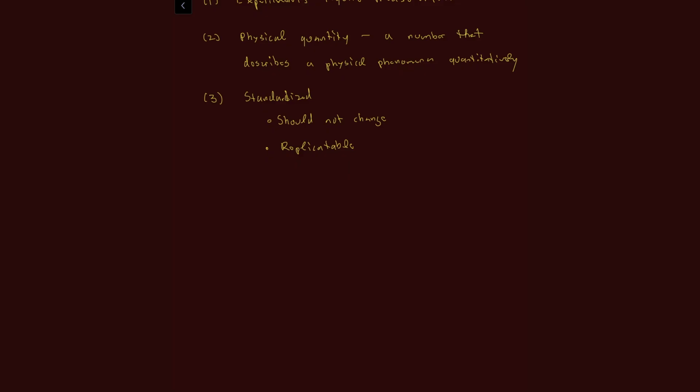That way, we don't have to convert between our own mathematical languages if we used different units of measurement. So this pretty much makes for easy communication for scientists throughout the world.